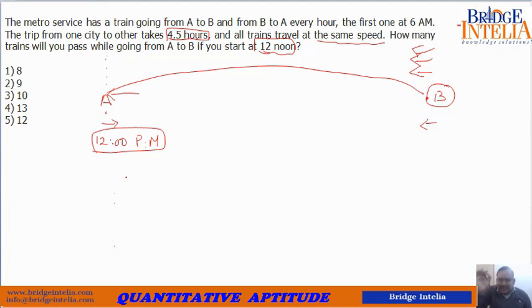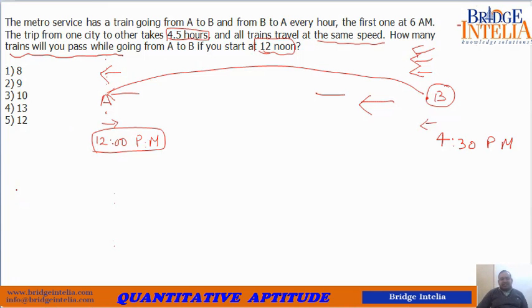So now think logically. You are starting at 12 p.m. You would reach here at 4:30 p.m. The question is, how many trains did you see coming from this direction? Before you start, what was the last time a train reached here?